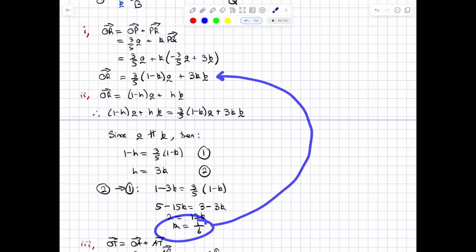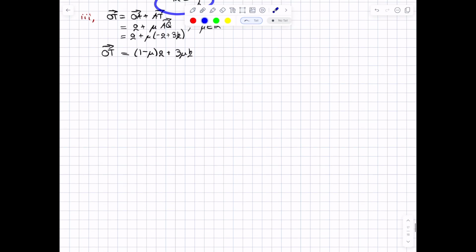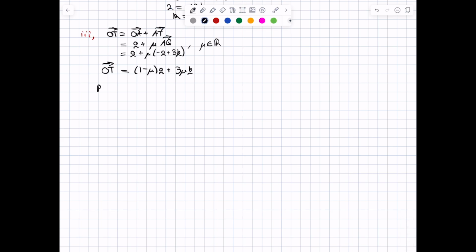And so I can now sub that in to this expression for OR. And it should end up being, I think, a half A plus a half B. So I'll say, but OT is parallel to OR. So therefore OT equals lambda OR, where lambda is a real number.